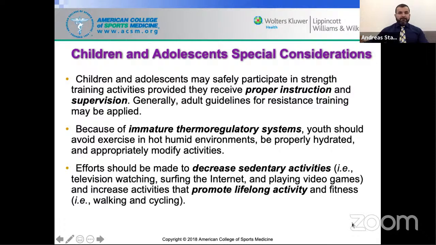So you will see them sweat less. So do not use the sweat rate as an indicator of them trying hard or not. Okay, that's not accurate with children. Also, because you don't see them sweat, it doesn't mean they shouldn't be hydrated. So you keep hydrating them and keep avoiding those hot, humid environments.